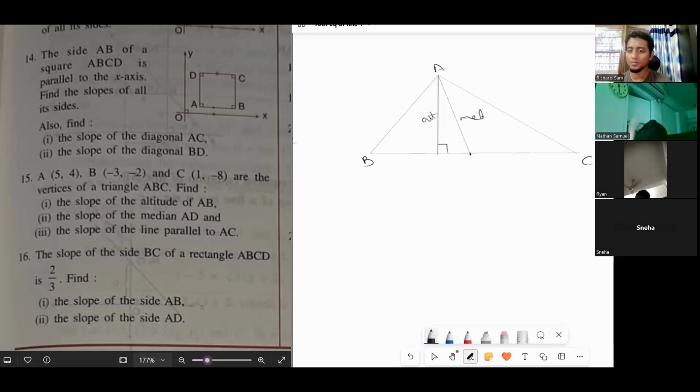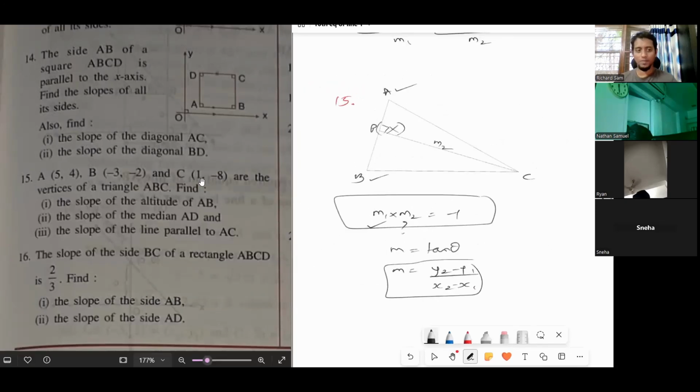Median is what? Median joins the midpoint of BC. Is that clear? So median, since it joins a midpoint, we can find the midpoint of BC. Right? Okay.